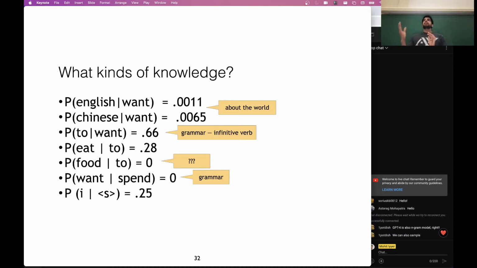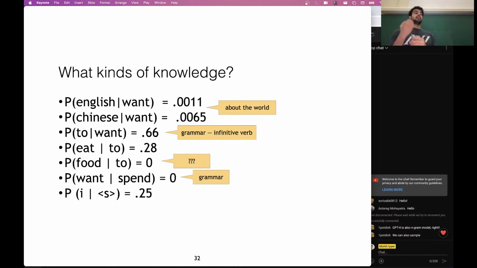All right, so let's take a look, again, switching back to the raw probabilities, at the high-level intuition of why language modeling is an important task. So we see even with bigram probabilities that some of these probabilities are reflective of important concepts like linguistic concepts or world knowledge. Just the fact that the probabilities of want English or want Chinese are non-zero tells me something about the world.